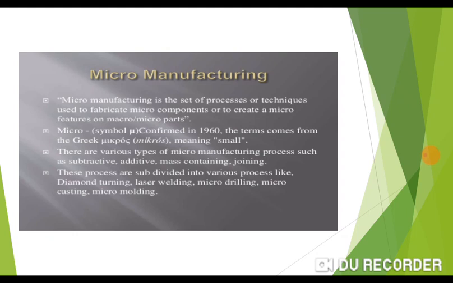Well, talking about micro manufacturing, micro in the Greek language means small. So micro manufacturing, same as macro manufacturing, we can define as something that cannot be observed or measured by our unaided eyes, having a dimension less than 1 millimeter in size but greater than 1 micrometer.